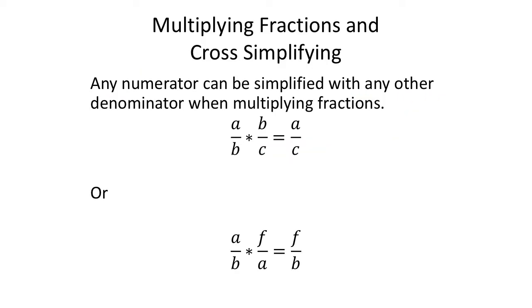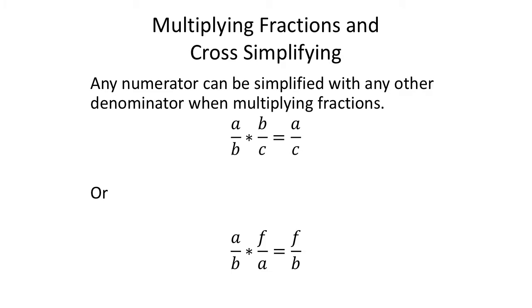Now, when multiplying fractions, it's a very common strategy to use cross simplification while you're doing the multiplication. And that would start back here when you have the two fractions that are being multiplied, instead of like we did in that last problem where we made it one full fraction like this. It's possible to look at any values that could be simplified together, but they just need to be within the numerator and denominator, okay? So like in this one right here where we see this b in the numerator and this b in the denominator, they do not have to be part of that same fraction.